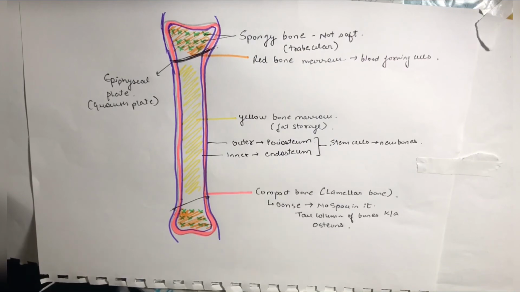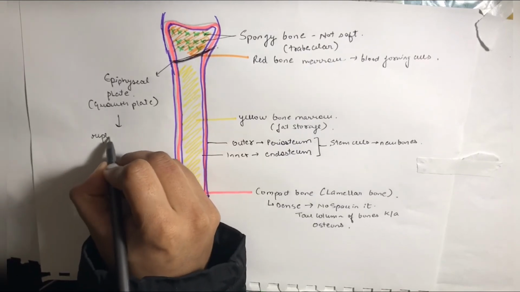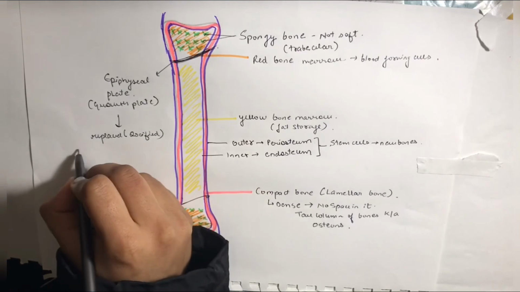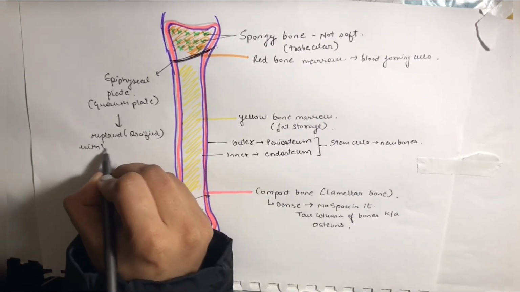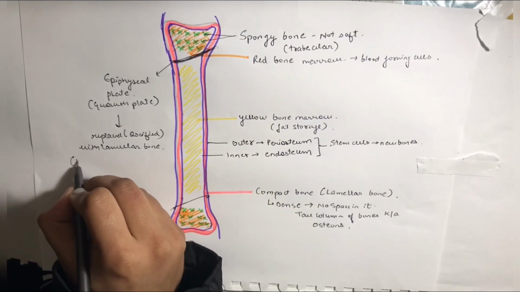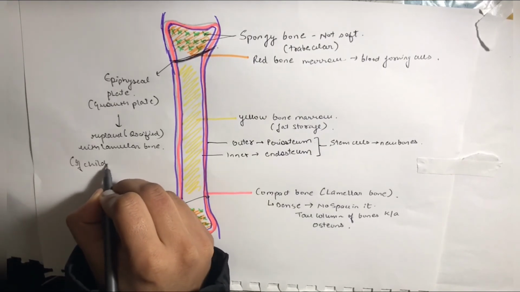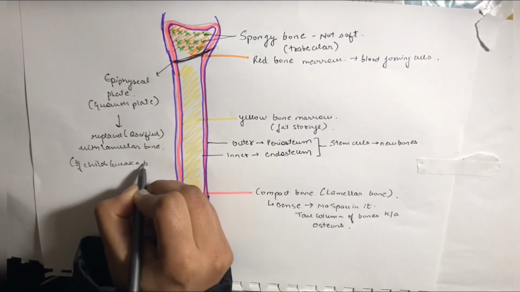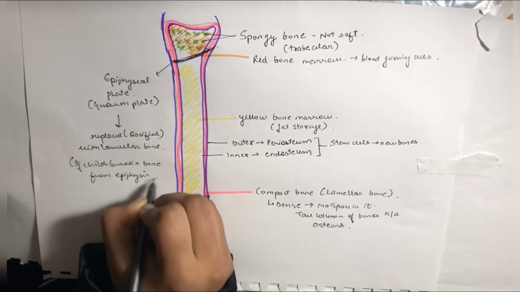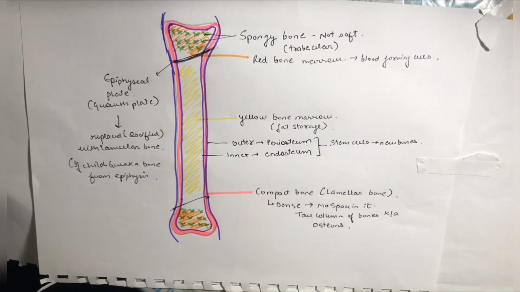Eventually it is replaced, or ossified, with lamellar bone. If a child breaks a bone and damages the epiphysis, it is possible that the bone will not be able to grow longer. That's why it is important.